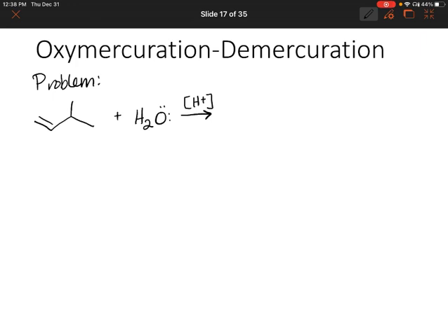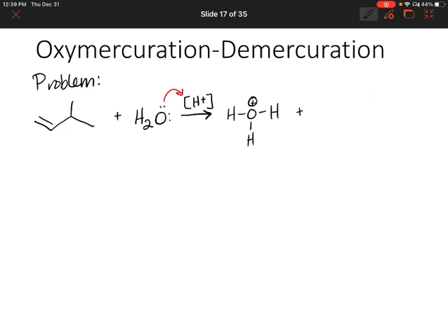Okay, so we know that in this process, the water molecule grabs onto a hydrogen from the acid, and we form the hydronium ion.